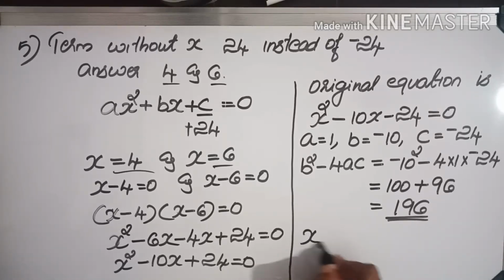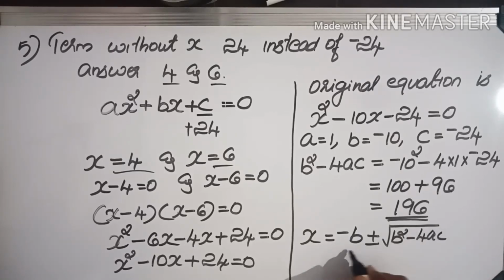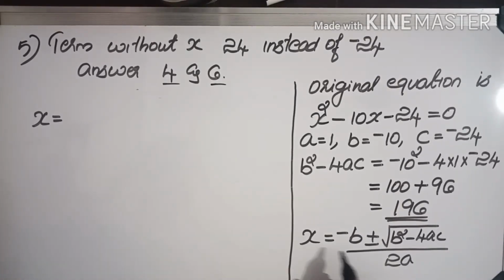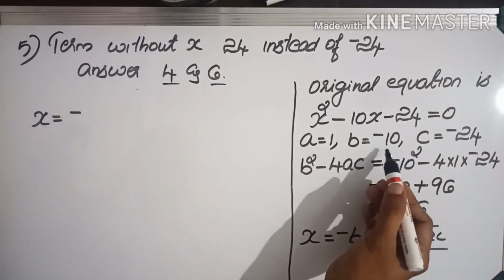Next is the equation, that is x is equal to minus b plus or minus root of b square minus 4ac, whole divided by 2a. Now let's substitute the values, that is x is equal to minus b. So one minus sign, b is what? Minus 10.